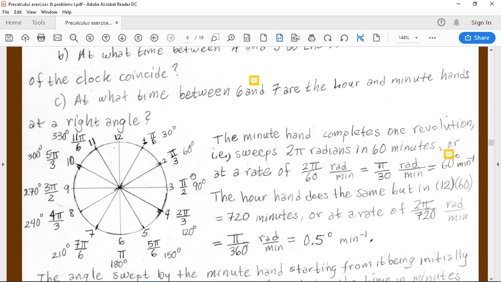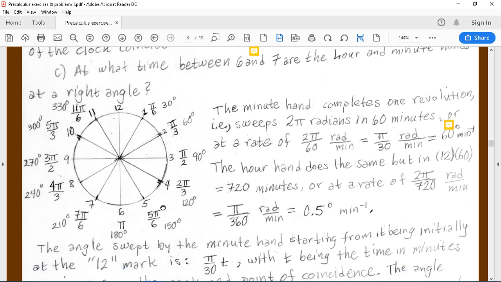The 3 mark is at pi/2 radians, which is 90 degrees with respect to the 12 mark. The 4 mark is at 2 pi/3 radians, which is 120 degrees from the 12 mark. The 5 mark is at 5 pi/6 radians, or 150 degrees from the 12 mark.